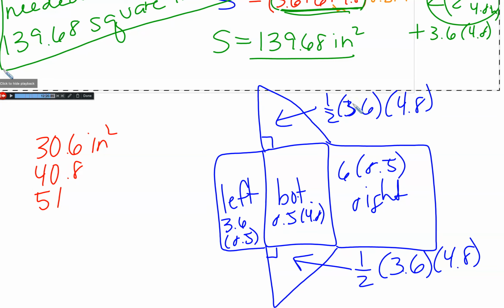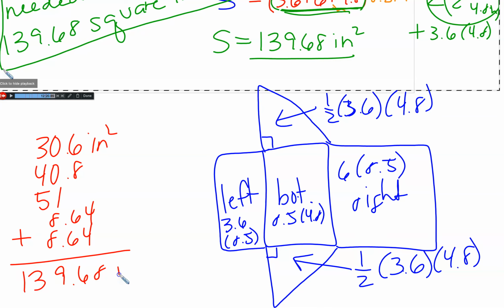And then the area of one triangle is 8.64, and we have two of those. And then we'd add all those together. Notice 1, 2, 3, 4, 5 numbers, 5 side areas, and it would give us exactly the same total, 139.68 square inches, and we'd come to the same conclusion.